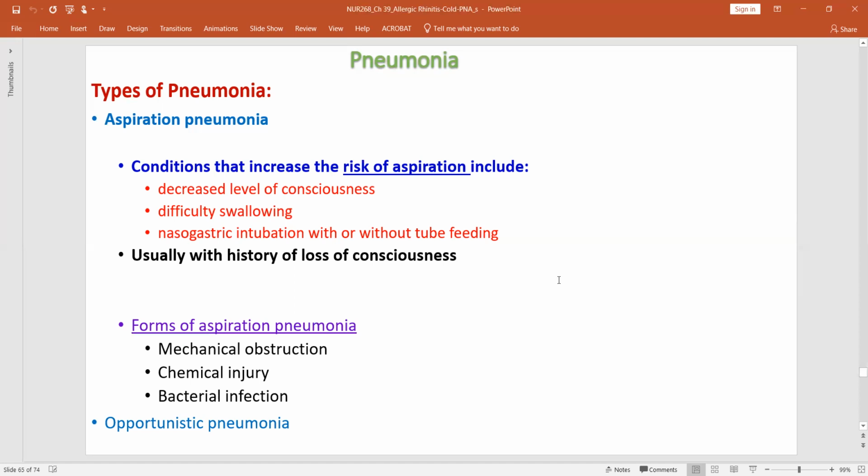All of these are factors that may result in aspiration and then aspiration pneumonia.